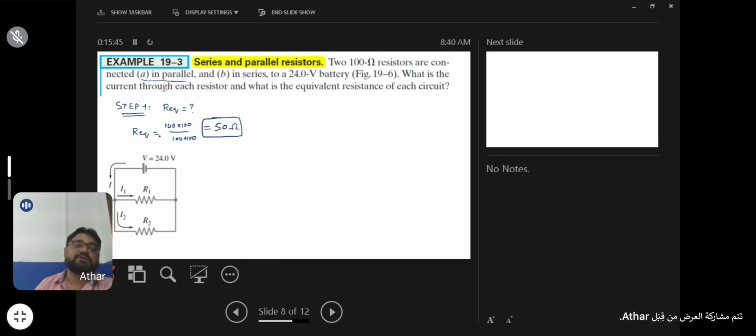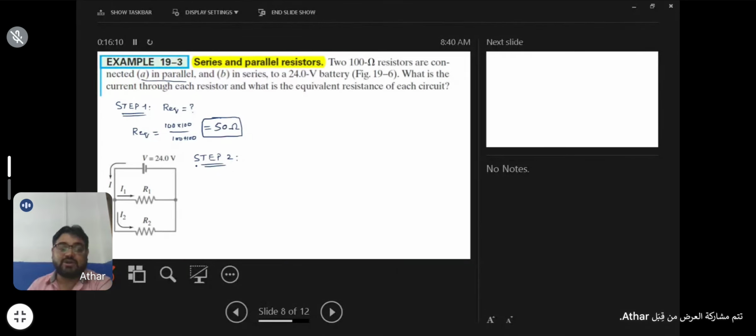Okay, the first step I did is find R equivalent. What is the second step? The second step is to find the amount of current. I am not following the question, I am following these steps. Whenever you are asked, the first step is to find R equivalent. The second step is to find the total current provided by the battery.